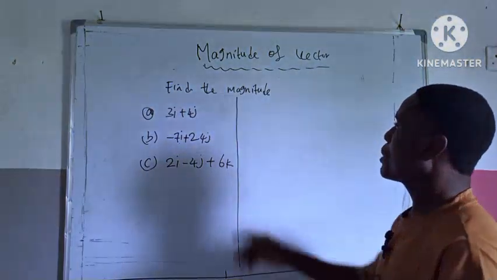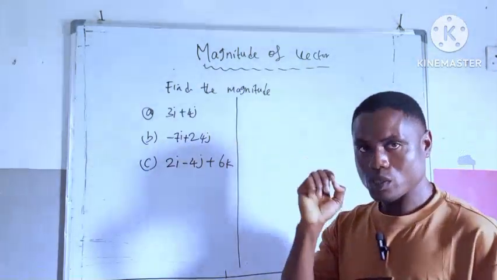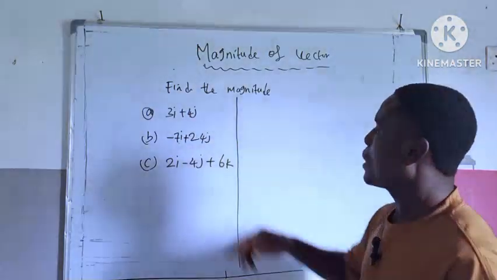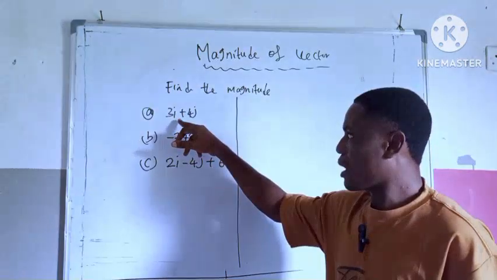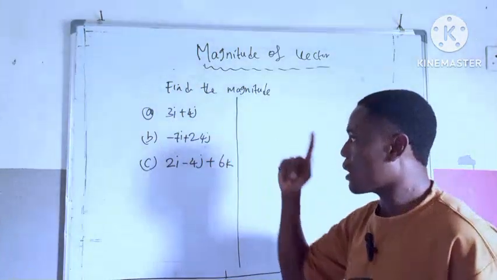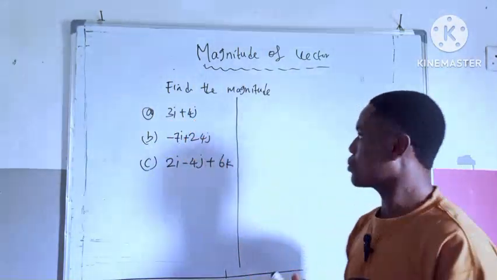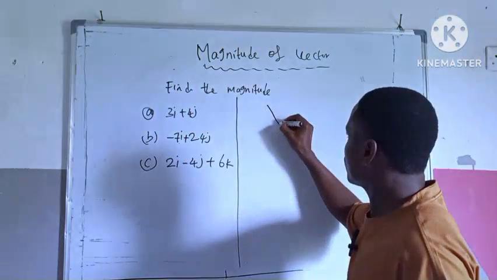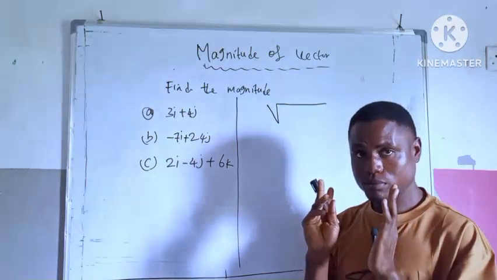Okay. So once you are asked to find the magnitude of a vector, this is what we do. Let's say this is the first one: 3i plus 4j. You are asked what is the magnitude of this vector. First, you draw your square root sign. That is the first step.